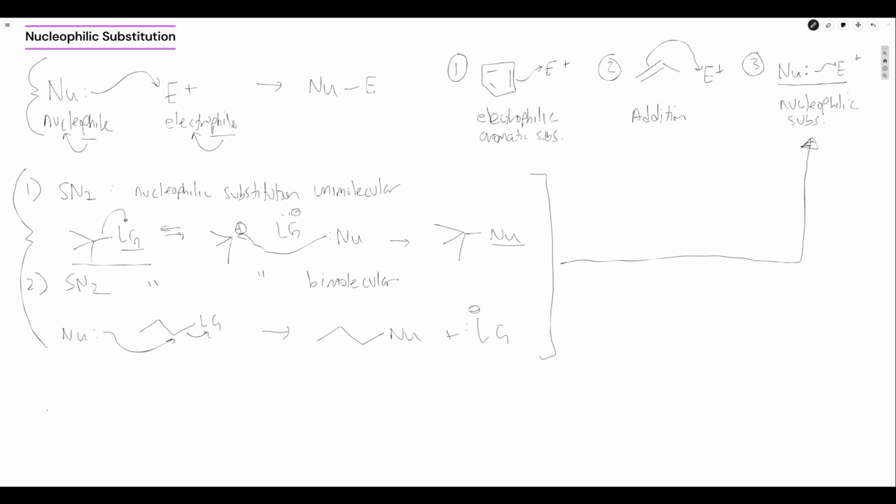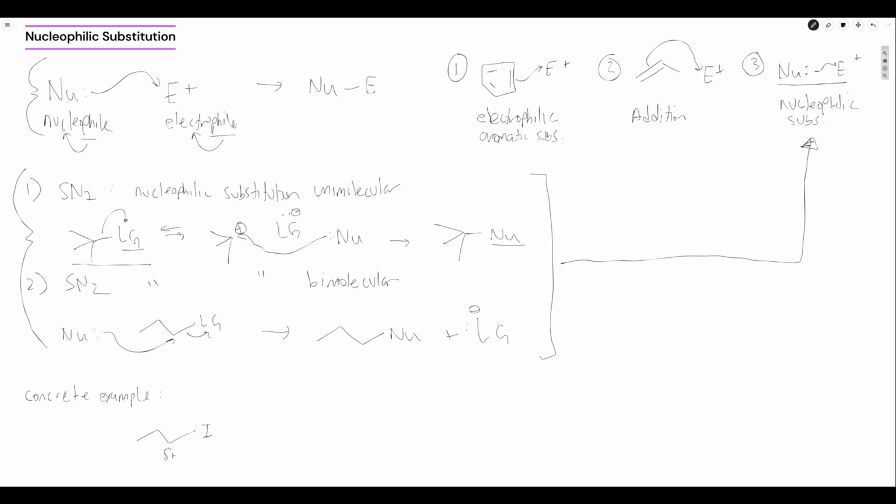Before we go on, though, and end this first primer video, I'd just like to give a concrete example. Let's pick an SN2 reaction. So here is going to be our electrophile. Why is this electrophilic?